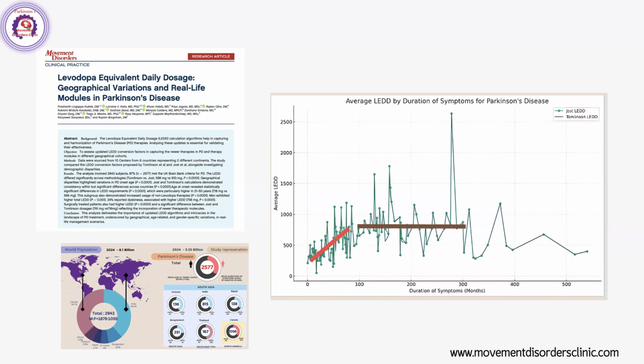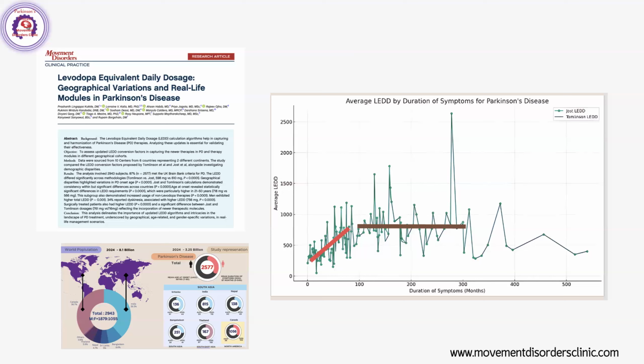And after that, it plateaus because other issues start becoming more prominent, or there are not many benefits after increasing the medications, or they have more side effects, whichever way you want to look at it. So you need to remember that for the first 7 to 8 years, the dosage of levodopa keeps on increasing. After that, it almost stabilizes over a period of time.